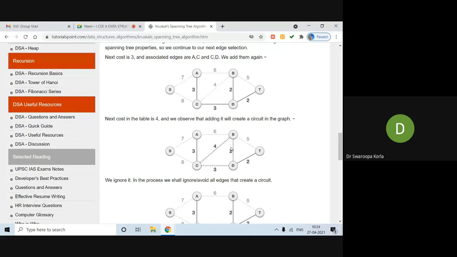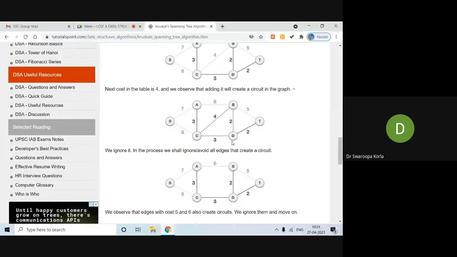Yeah, it is forming a loop. But the spanning tree's basic property is what? I should not form any loop area or a cycle area. So if you observe, by adding the C to B edge, it will create a circuit in the graph.